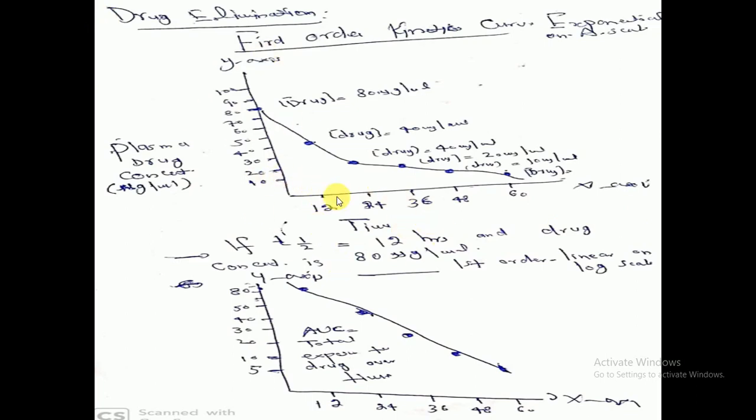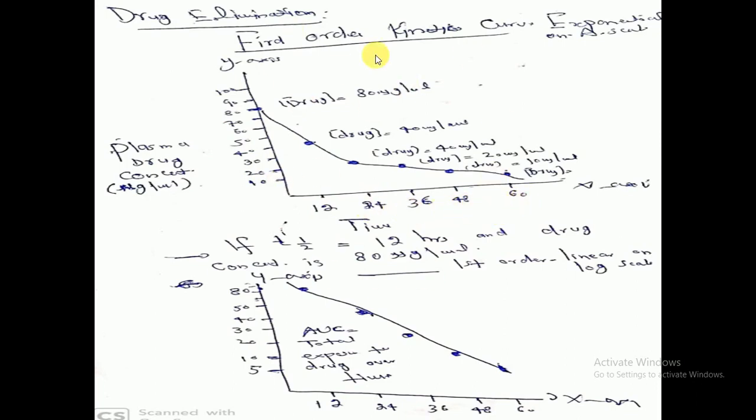Here I have mentioned the time, and here is the plasma drug concentration. The total drug concentration is almost 80 microgram per ml. I have marked 10, 20, 30 up to 100, and then 12, 24, 36, 48 and 16.